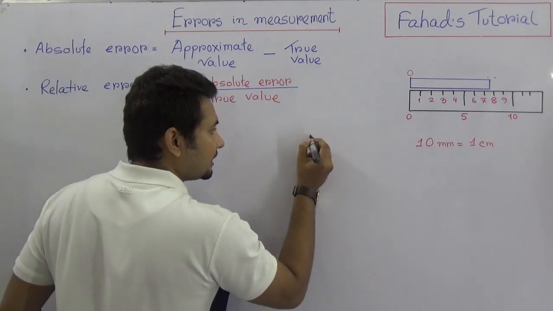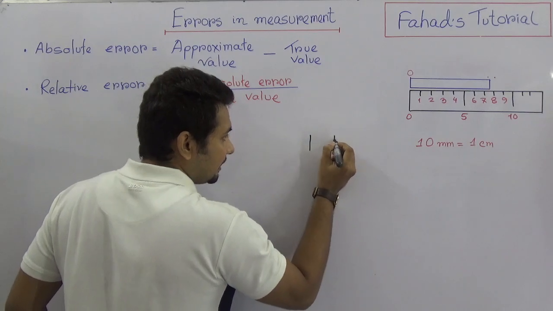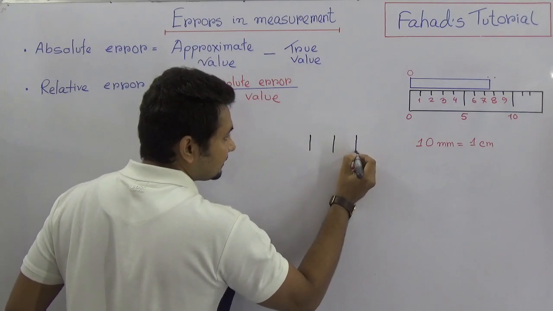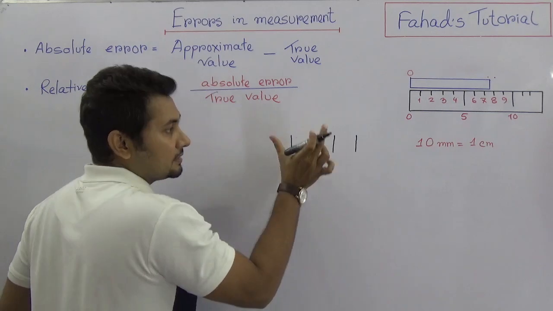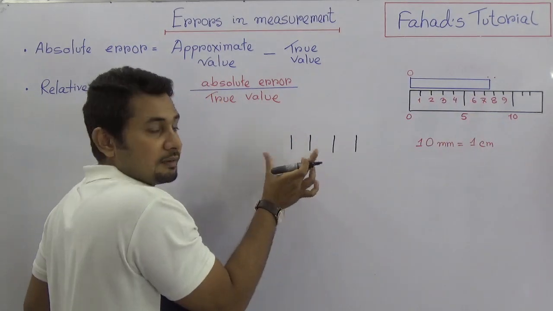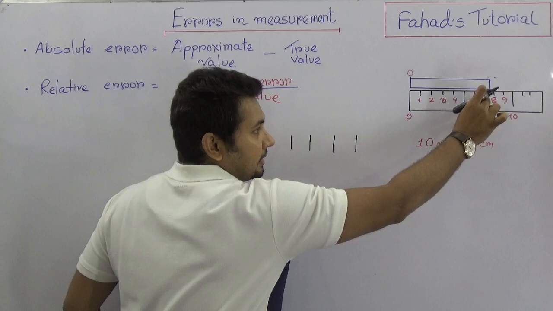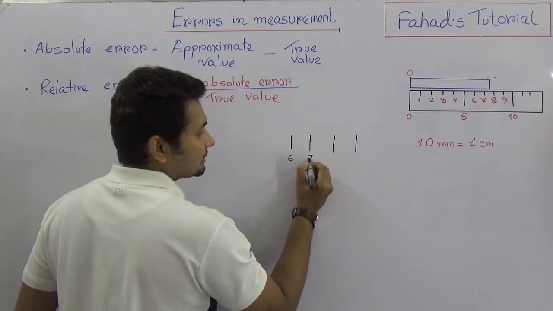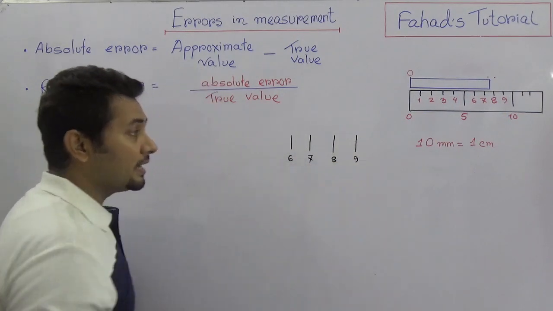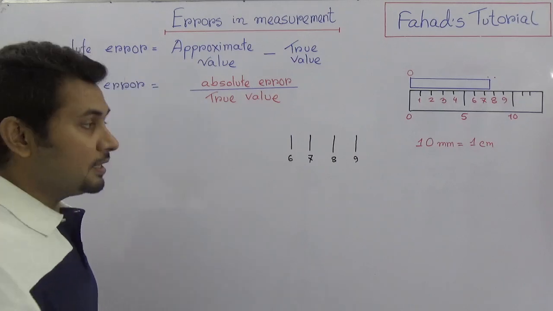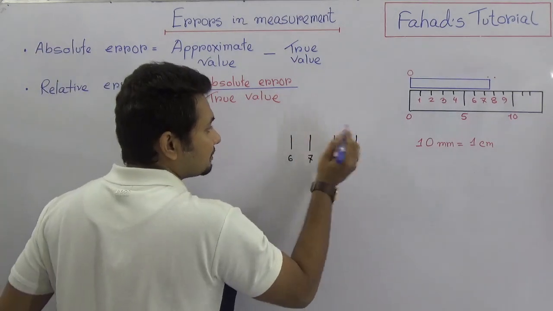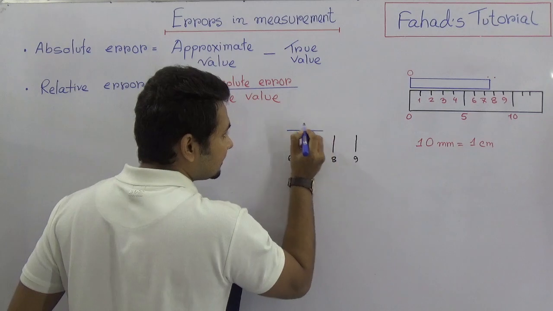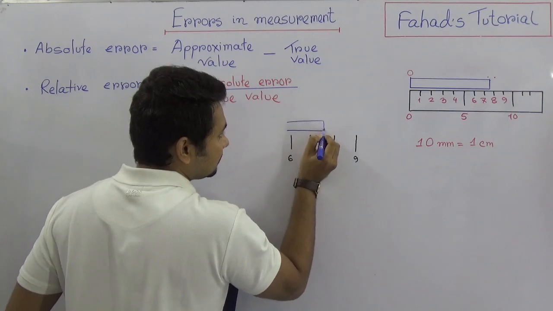Now suppose this is a bigger picture of this scale. So this is 6, 7, 8, 9, and the last part of the material that we are measuring has ended up here in between 7 and 8.